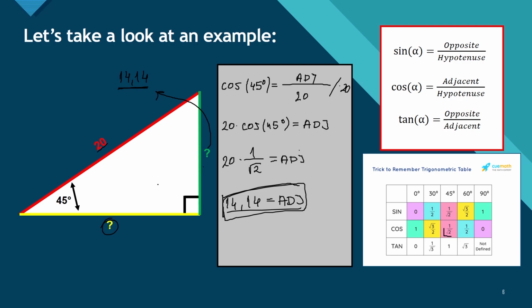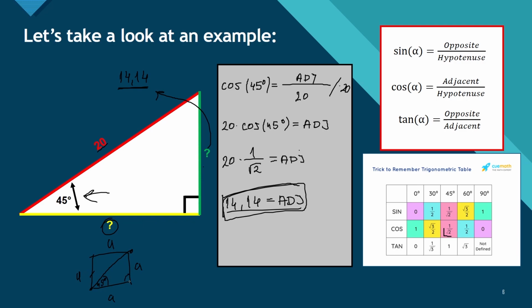Why? Well, we started with the angle of 45 degrees right here. If you look at a square, you know that it has all of its sides equal. So if you pull a diagonal between these 2 points, it's going to be an angle of 45 degrees.